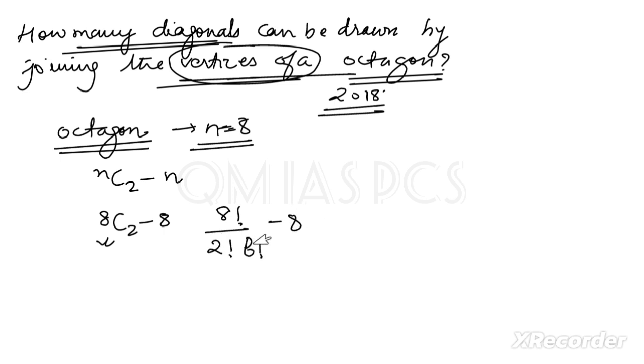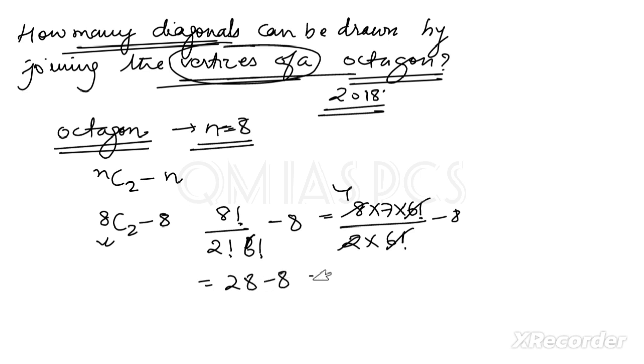So we will have 8 multiplied by 7 multiplied by factorial 6, divided by 2 multiplied by factorial 6, minus 8. I am writing it like this because we can cancel the factorial 6. This will be 4, so we will have 28 minus 8, and that will be 20. So the total number of diagonals for an octagon will be 20.